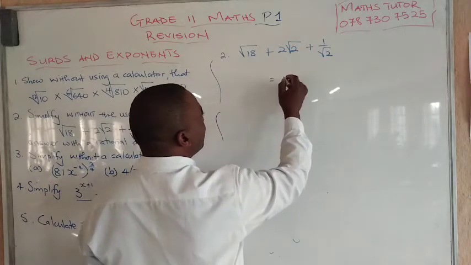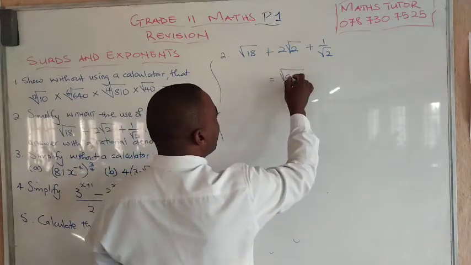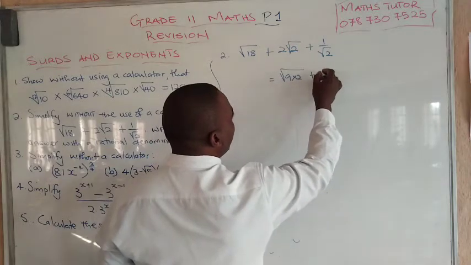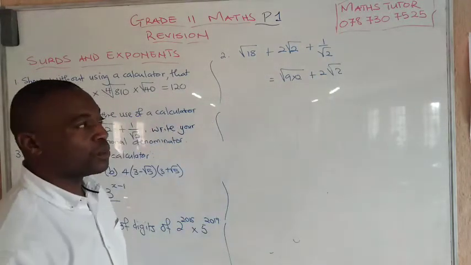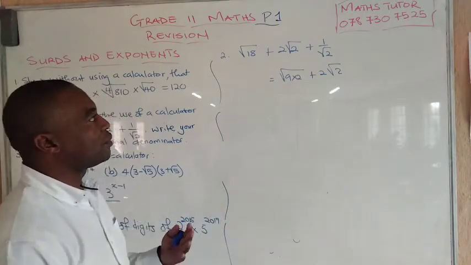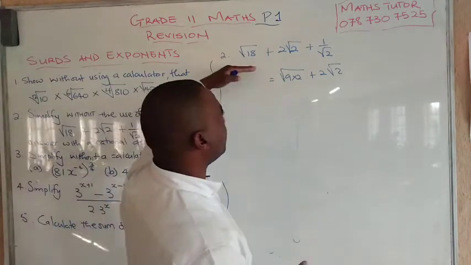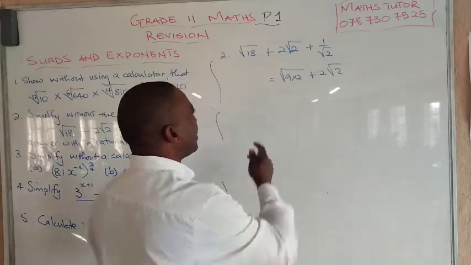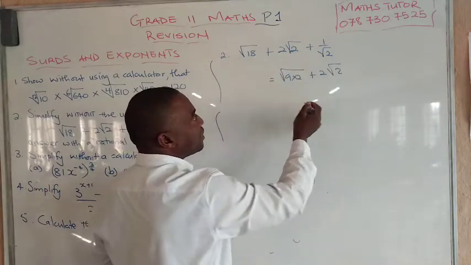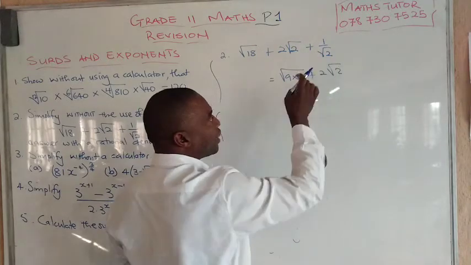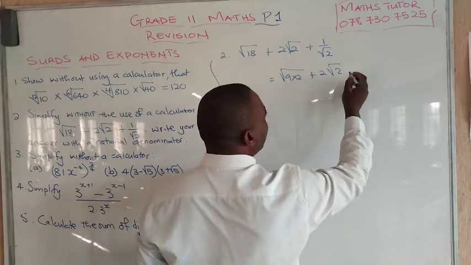So this will be square root of 9 times 2 plus 2 root 2, and then 1 over root 2. For us to make these look the same, we have to rationalize the denominator there.